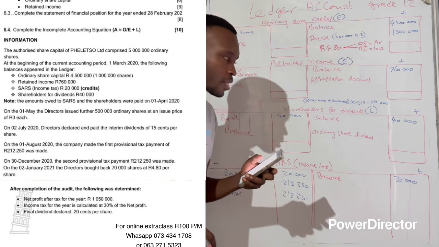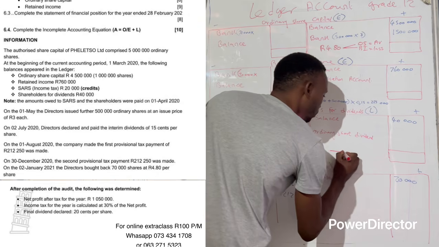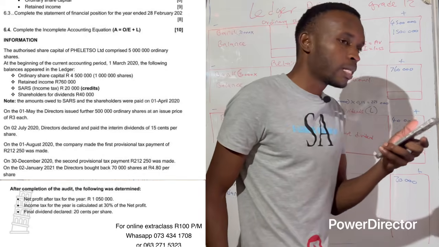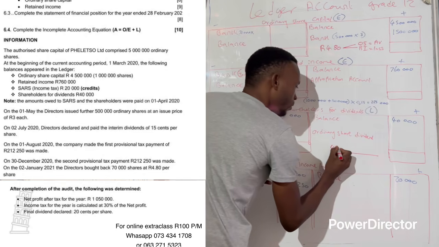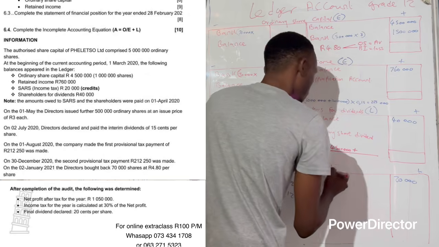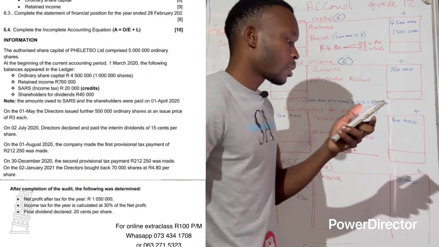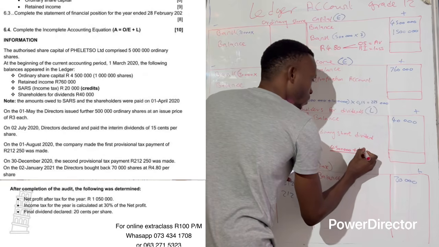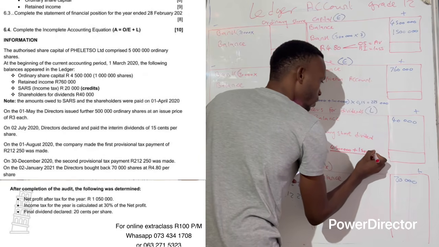Okay, we have to get it through average. How to calculate average, guys? We need to say total value of the shares at the beginning. It was 4.5 million plus shares that were issued during the year. The value was 1.5 million. On top, you put the value.